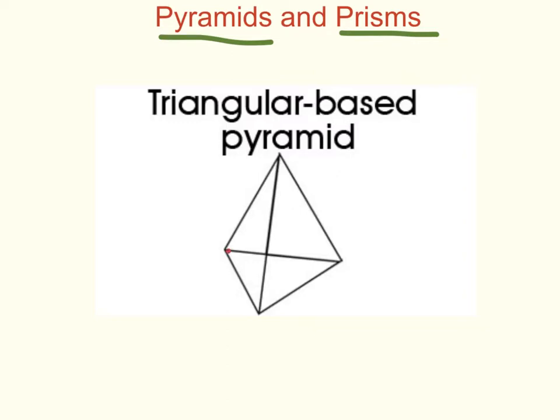And the vertices on the base all connect to the vertex or point at the top of the pyramid. Alright, that's a triangular-based pyramid. So that's how we know shapes are pyramids, when they have triangle faces and the vertices all connect to a point or a vertex at the top of the pyramid.